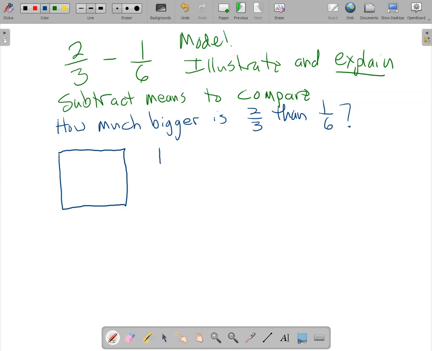One for 2/3, and I need another roughly the same size for 1/6. And I'm going to choose to draw the thirds this way.